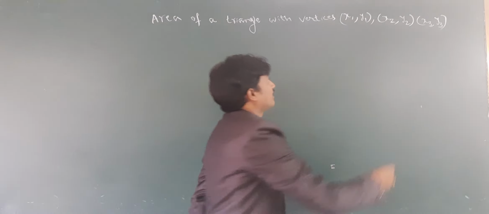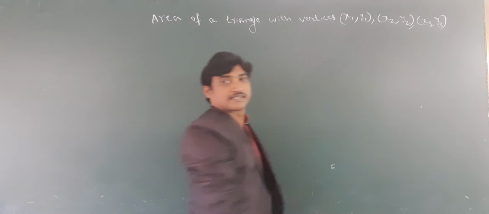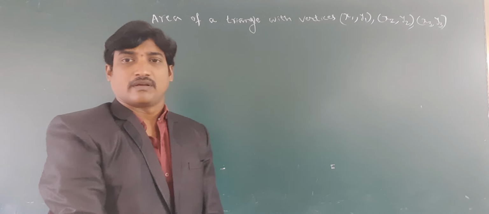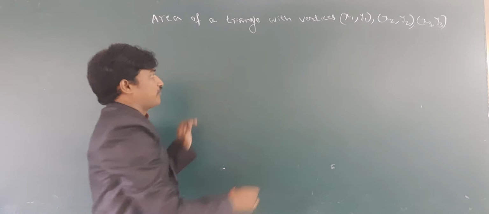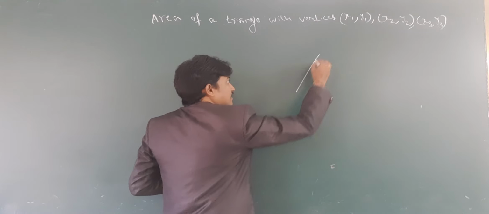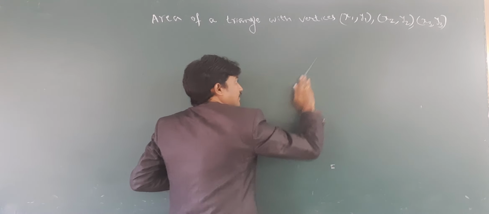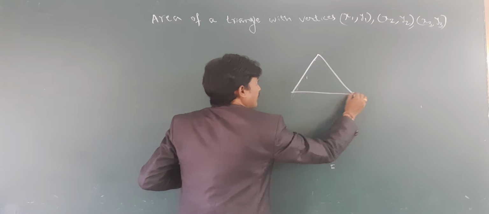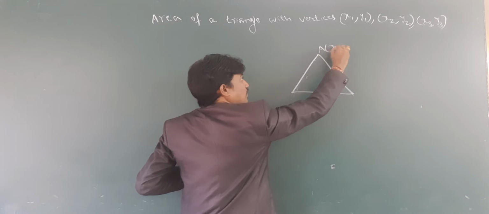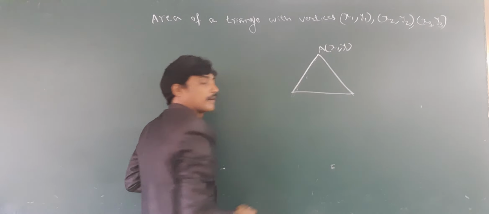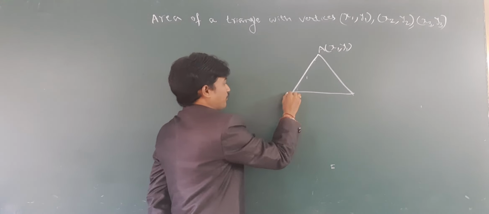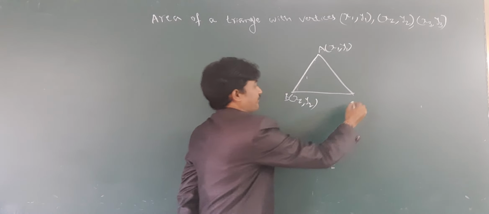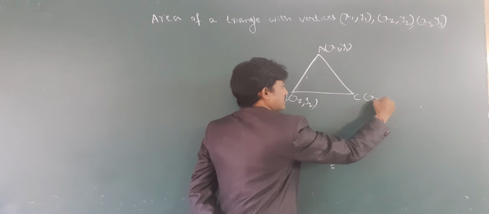Here three vertices of a triangle are given. Let us take these three vertices as A (x1, y1), B (x2, y2) and C (x3, y3).